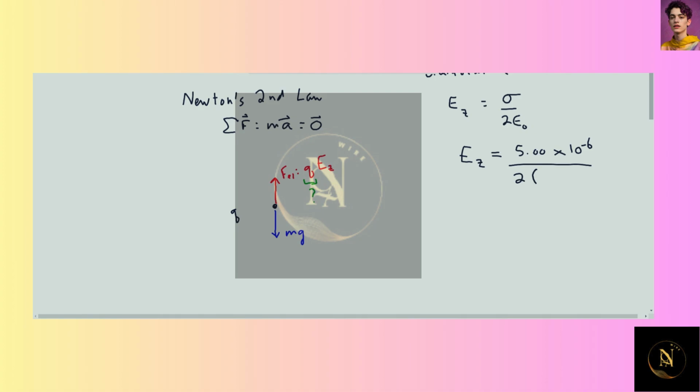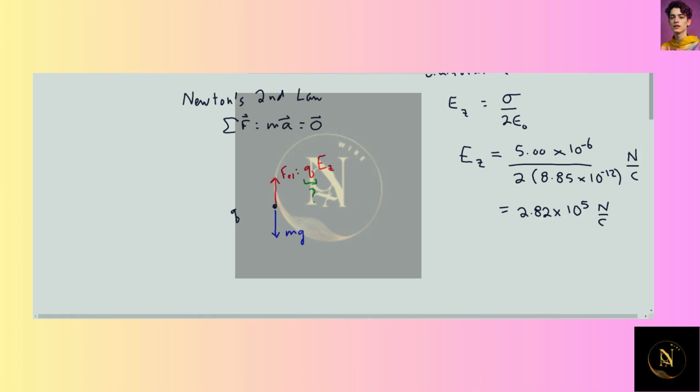And we would want the permittivity of free space, the epsilon 0, also to be in SI units, 8.85 times 10 to the minus 12 SI units, which would give us the electric field in newtons per coulomb. And we do get a fairly large electric field in the Z direction.